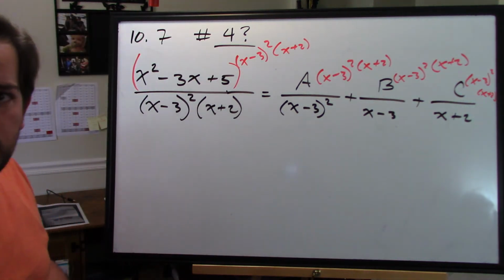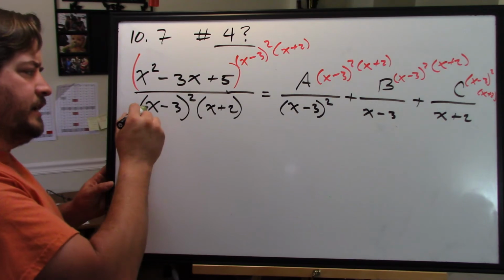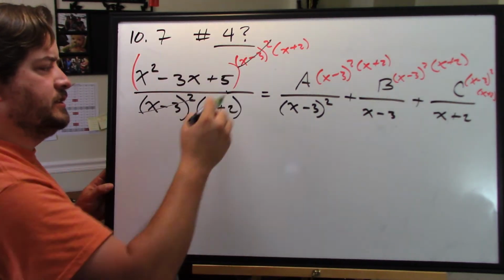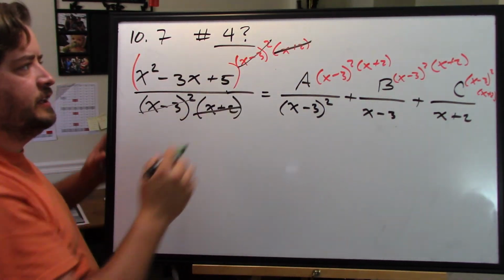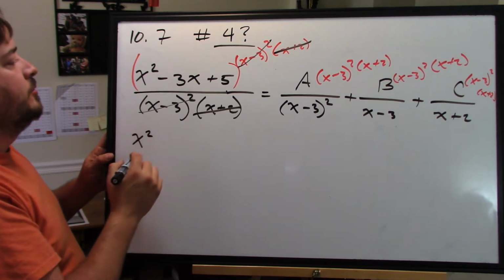Kind of short on room on the right hand side there. But the x minus 3 squared takes care of the x minus 3 squared, and the x plus 2 takes care of the x plus 2 on the left hand side, leaving me with just that polynomial.